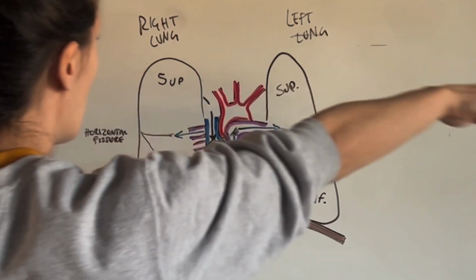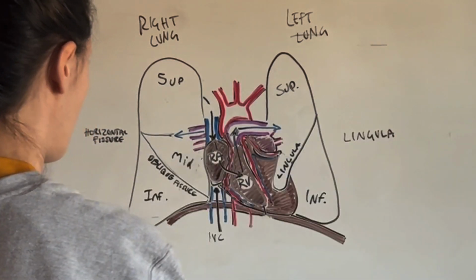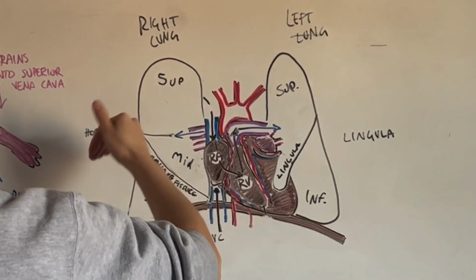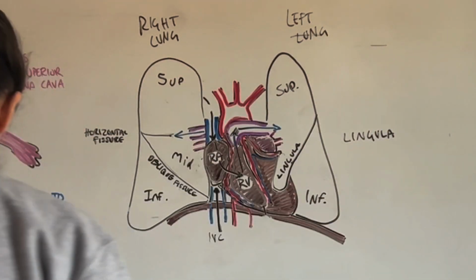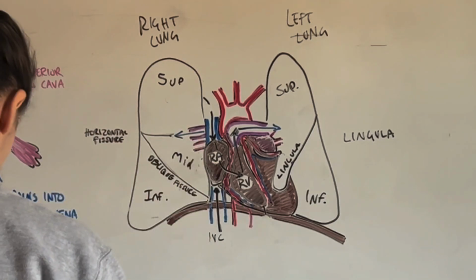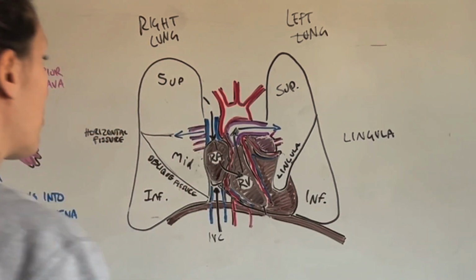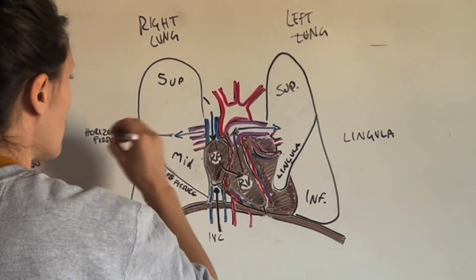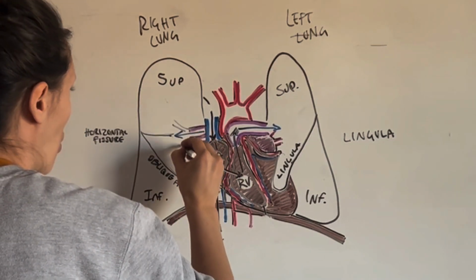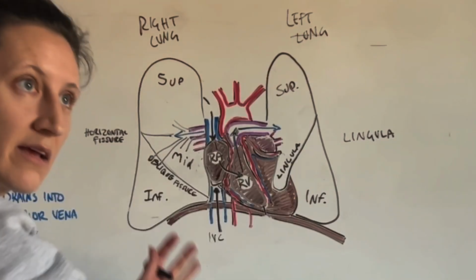Now, pulmonary arteries are going to go off into both. So there's a right pulmonary artery and there's a left pulmonary artery. And when they get into the lungs, they're going to branch and branch and branch. I'm not going to go through all of their branches. They're going to tree out. So they're going to go to each lobe, then to each segment of each lobe.